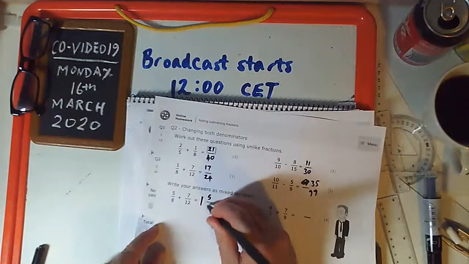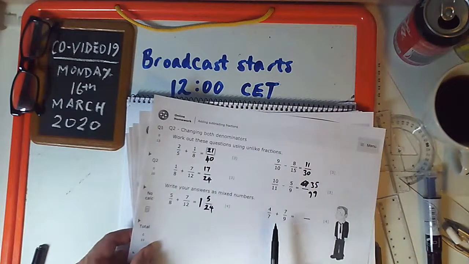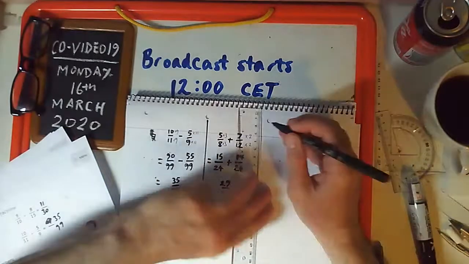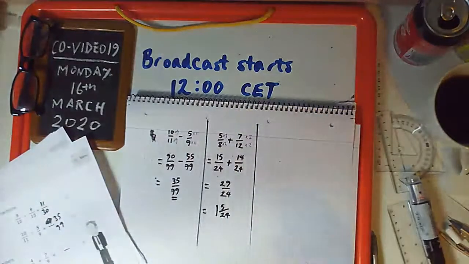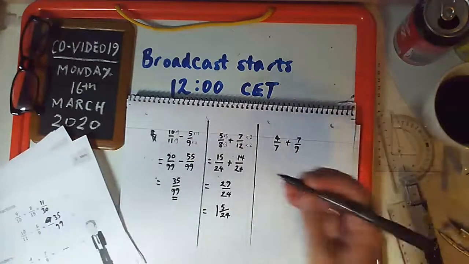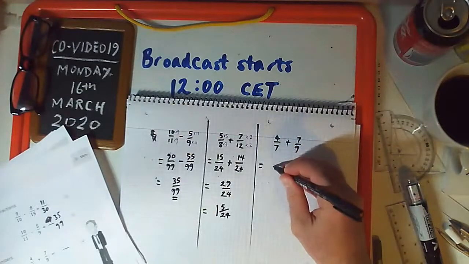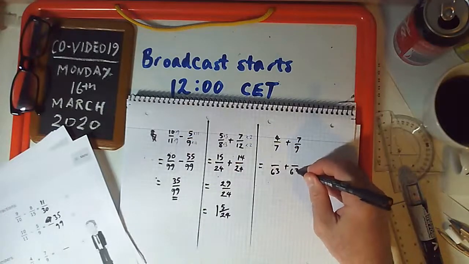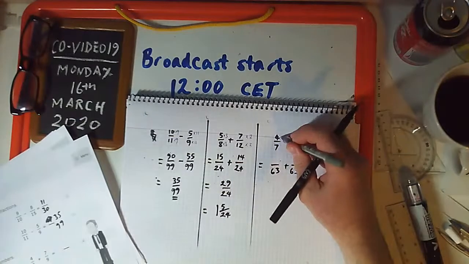1 and 5/24. Then the last one, 4/7 plus 7/9. Okay, let's have a look. Rule this off. 4/7 plus 7/9. Okay, so the smallest thing that both of those go into is 7 times 9, 63. There aren't any smaller common factors. So to get from 7 to 63, I'm multiplying by 9.